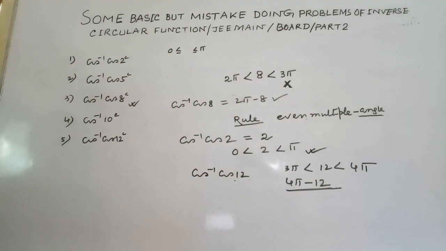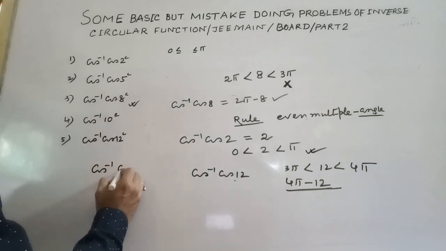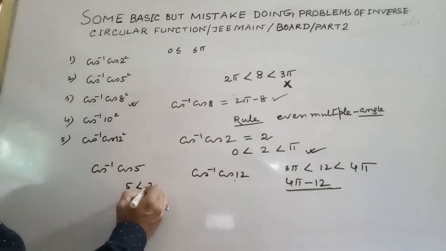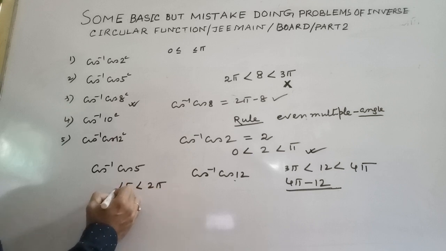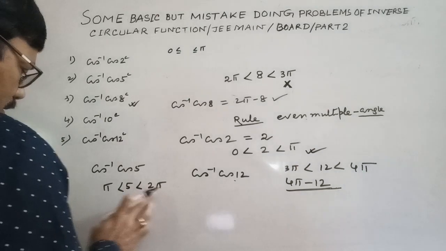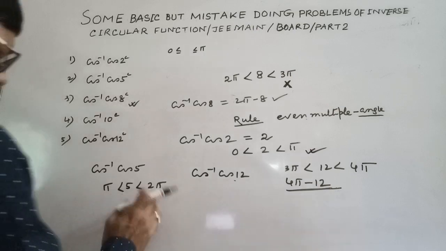Now cos inverse cos 5. So 5 lies between, this is 2 pi, this is pi. 3.14.